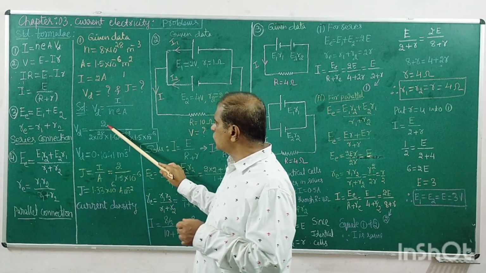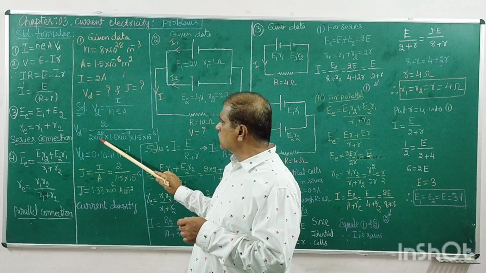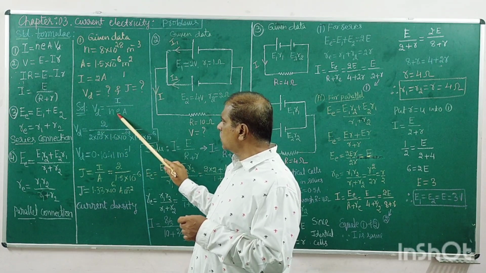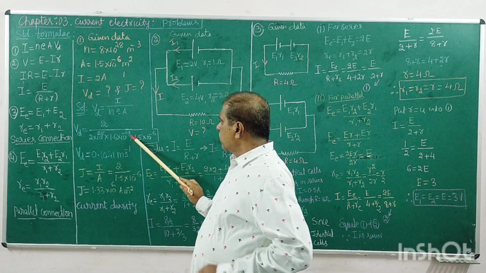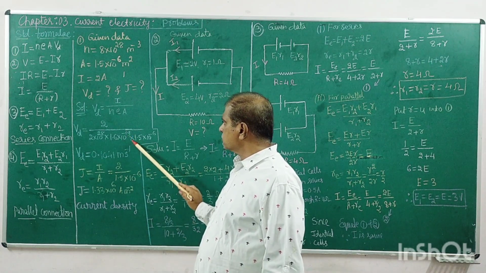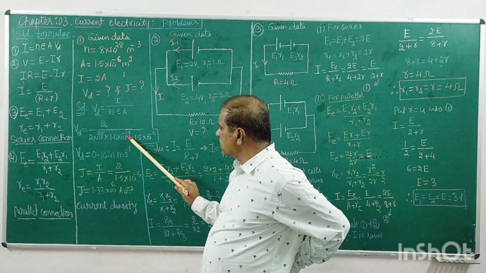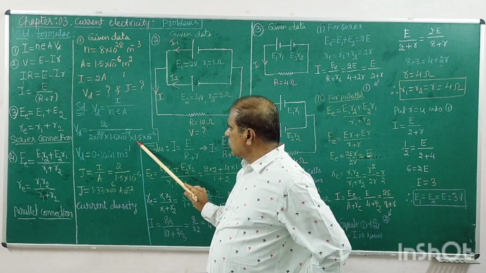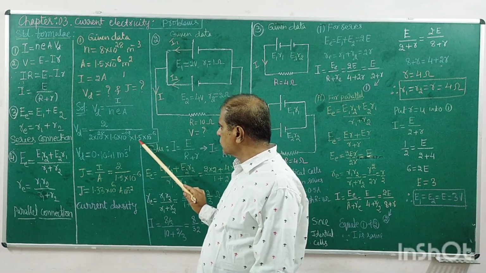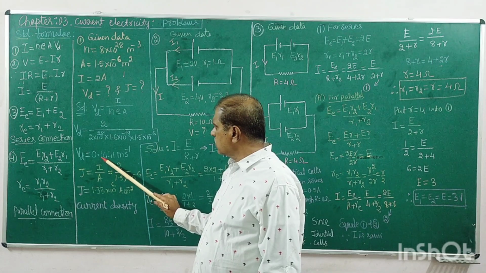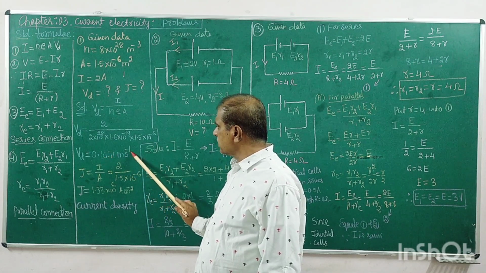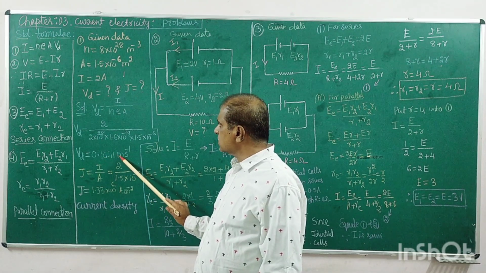The value of I is 2 amps, N is given and E is known, that is 1.6 into 10 to the power of minus 19 coulomb, and this is the area of cross section. Simplify, we get 0.1041 meter per second. That is the drift velocity in the conductor.